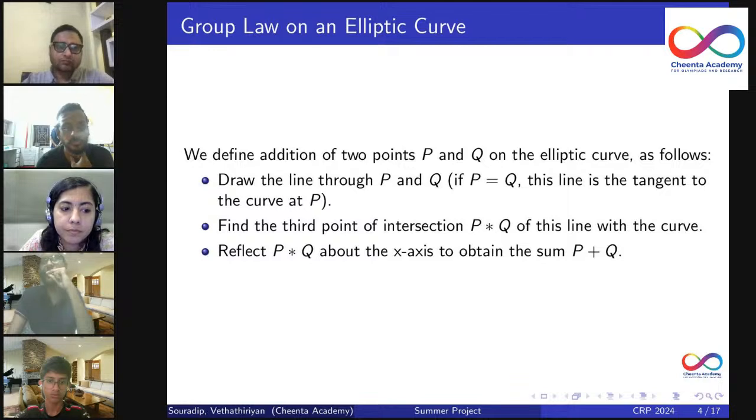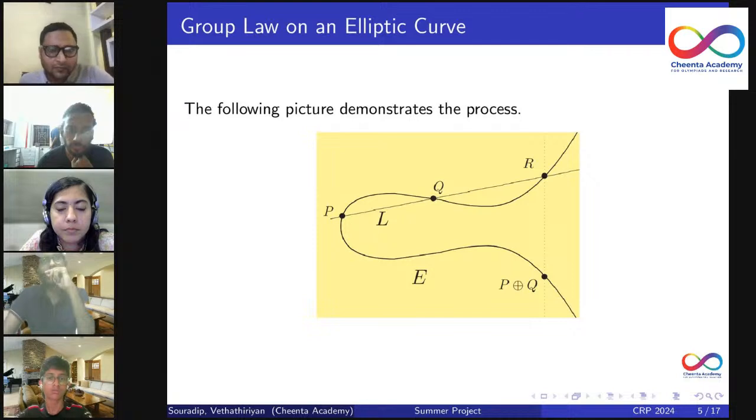Next, we reflect point R along the x-axis, and we define that point, which could be R dash, to be the sum of the 2 points P and Q. So this is how we define a sum of 2 points on an elliptic curve. This picture shows how we have actually defined the sum for two general points P and Q on a particular elliptic curve.